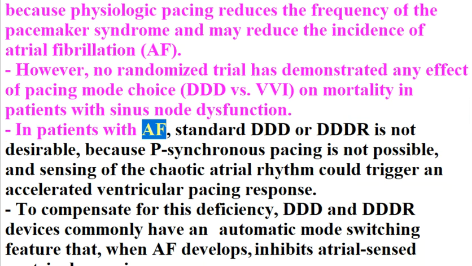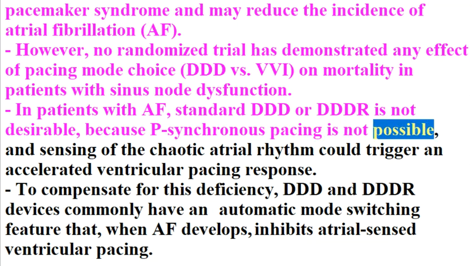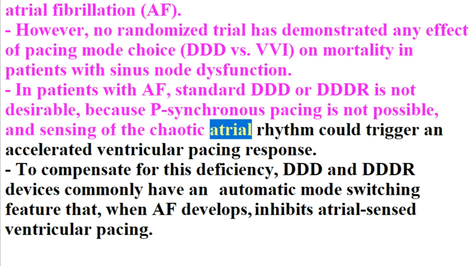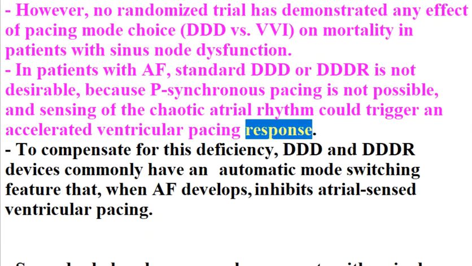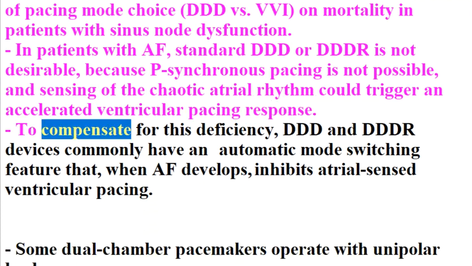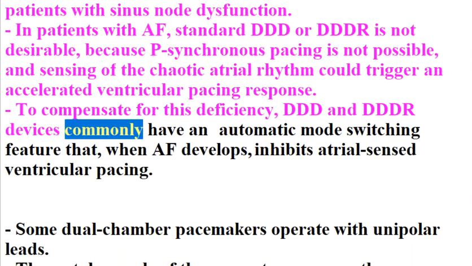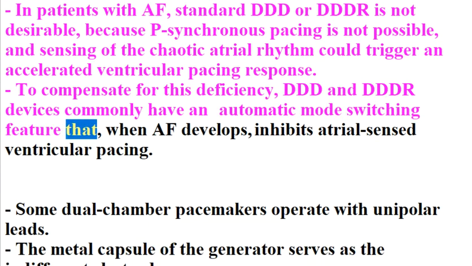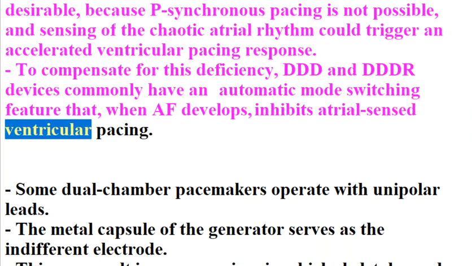In patients with AF, standard DDD or DDDR is not desirable, because P-synchronous pacing is not possible, and sensing of the chaotic atrial rhythm could trigger an accelerated ventricular pacing response. To compensate for this deficiency, DDD and DDDR devices commonly have an automatic mode switching feature that, when AF develops, inhibits atrial-sensed ventricular pacing.